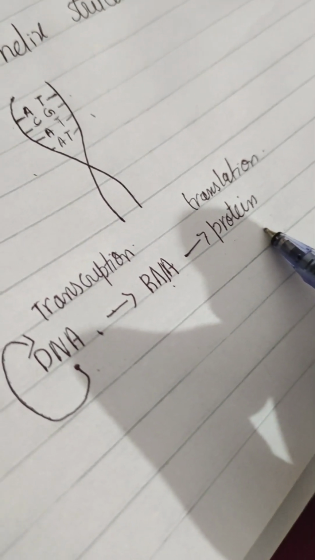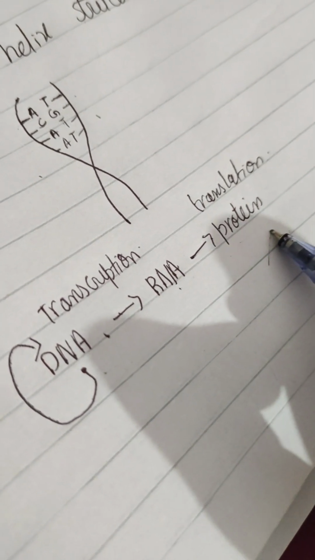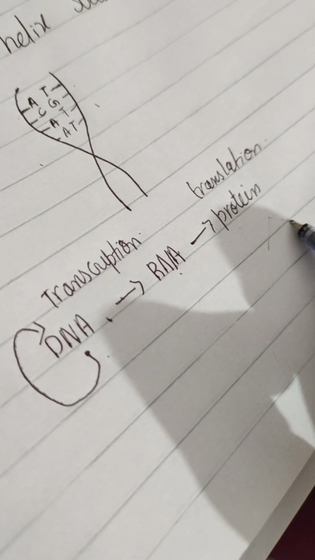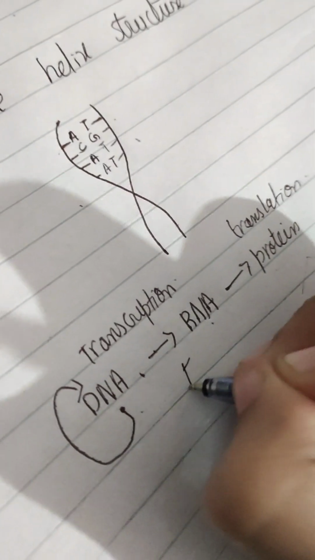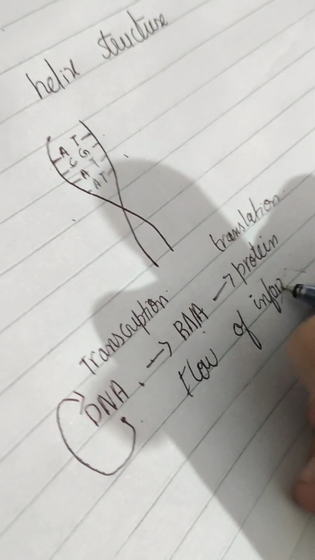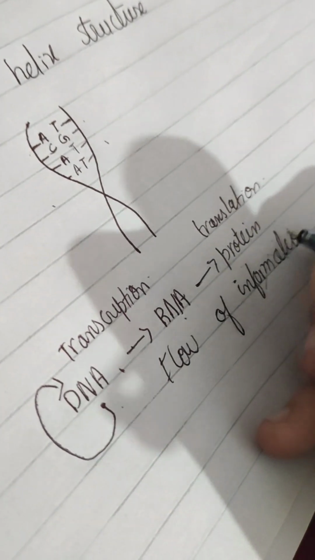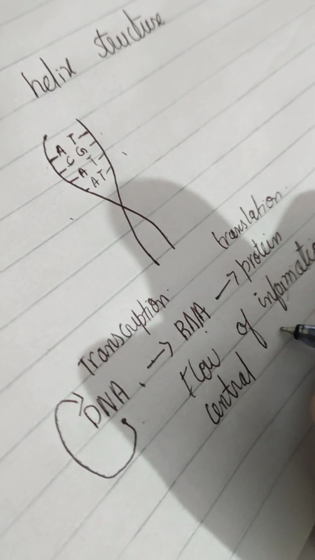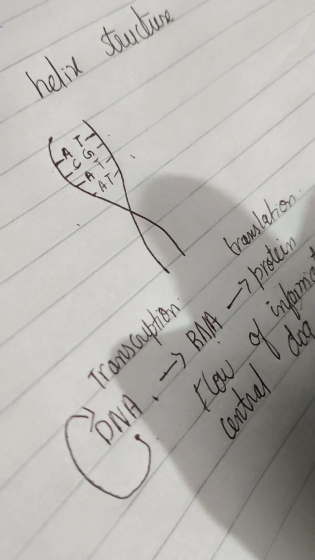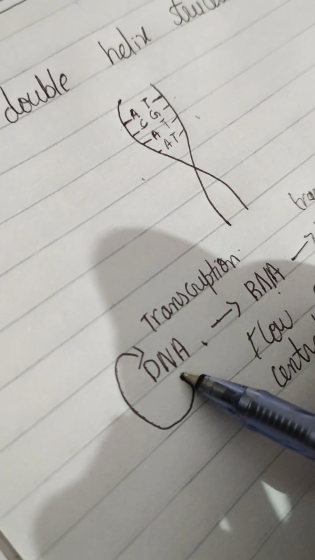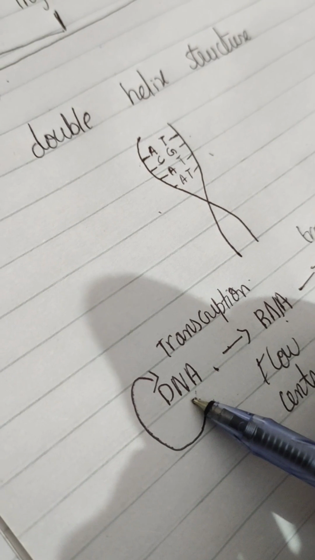Protein will decide your complexion, your height, your weight, your eye color, everything. This flow of information is known as the central dogma.